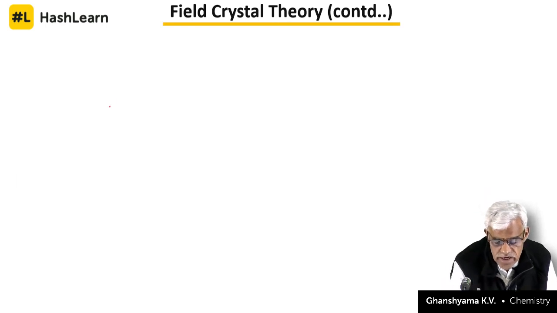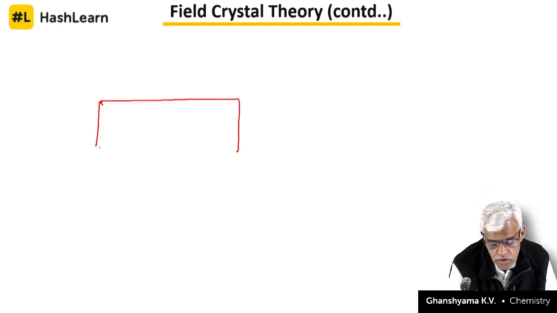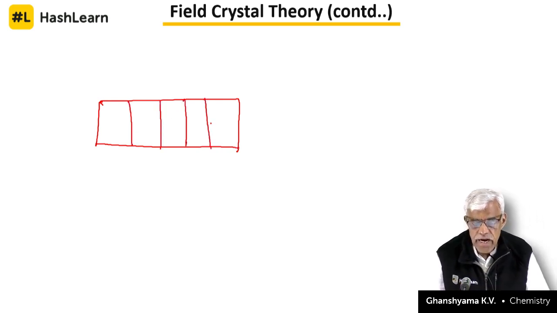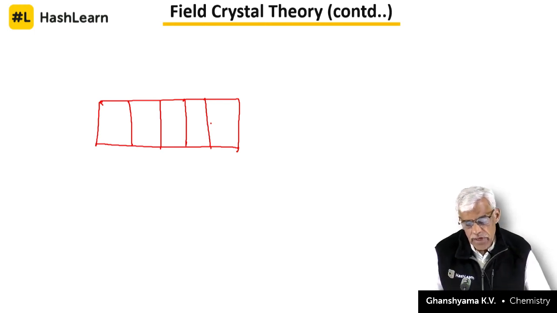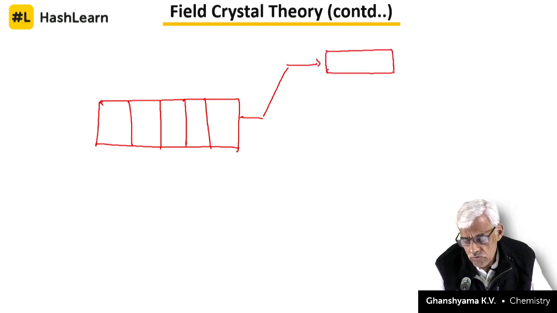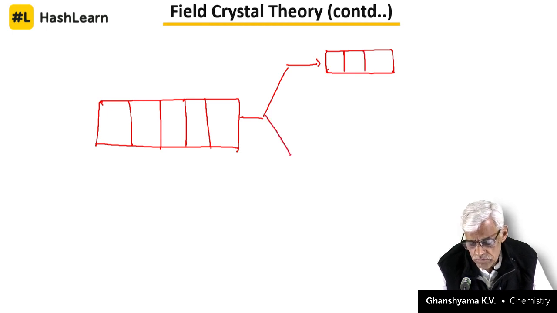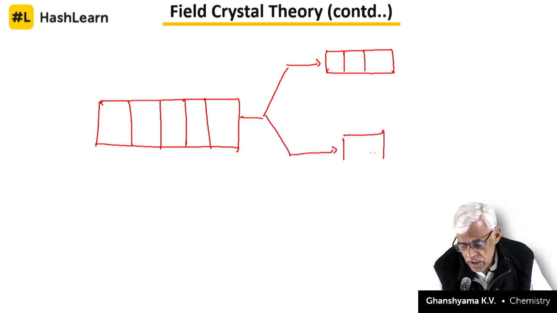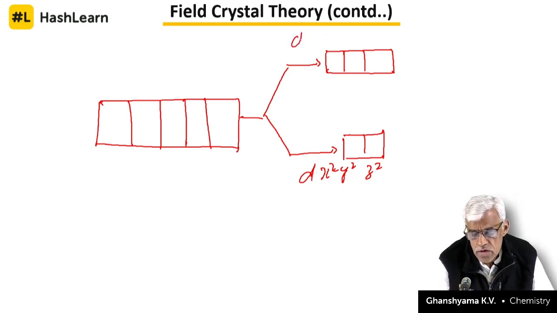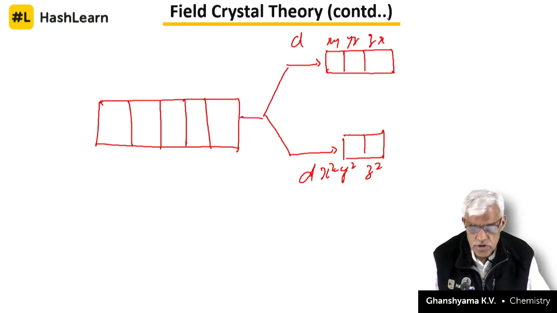In the case of tetrahedral complexes, the approach of the ligand is in terms of xy, yz, zx. Therefore, xy, yz and zx will have higher energy, and dx square minus y square and dz square will have lower energy.